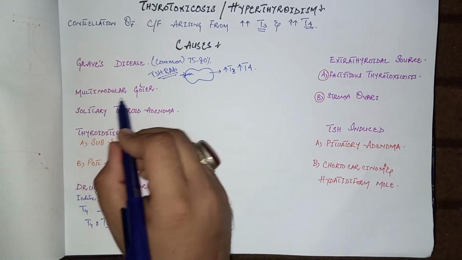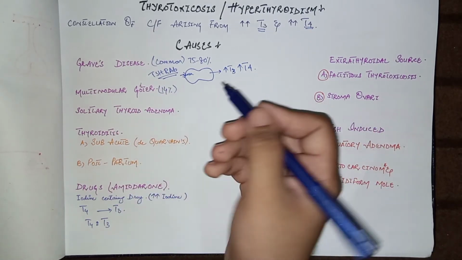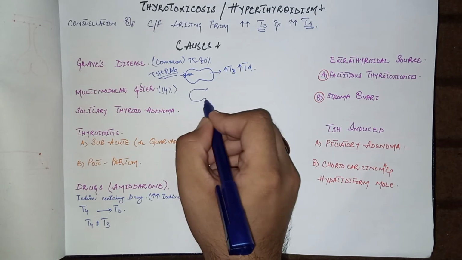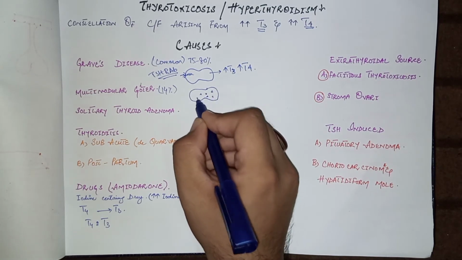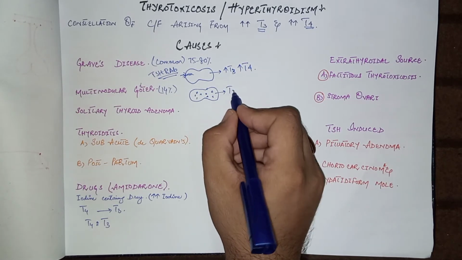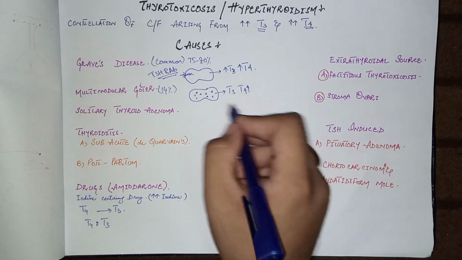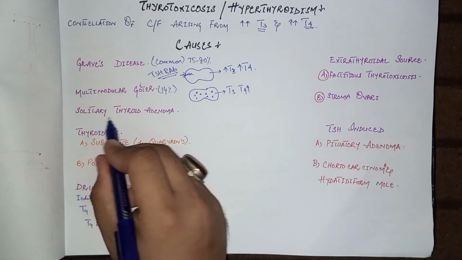Other causes are multinodular goiter, which is responsible for almost 14% of hyperthyroidism. Multiple nodules start forming in the thyroid gland, and these multiple nodules produce T3 and T4, so ultimately there is an increased level of these two hormones in the blood.